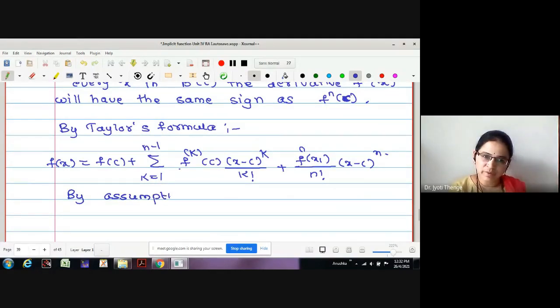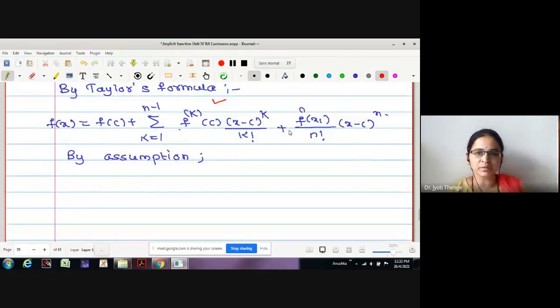all the values in the middle term should be 0. What is the value of this middle term? If I run the sum over k, the first value is f dash of c, which is 0. For k equals 2, f double dash of c, which is again equal to 0. Therefore, this middle term gives each and every value to be 0.